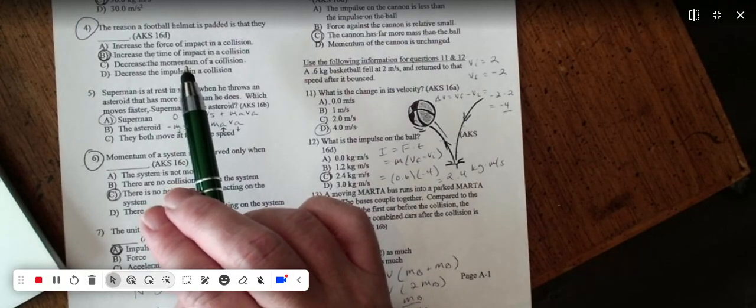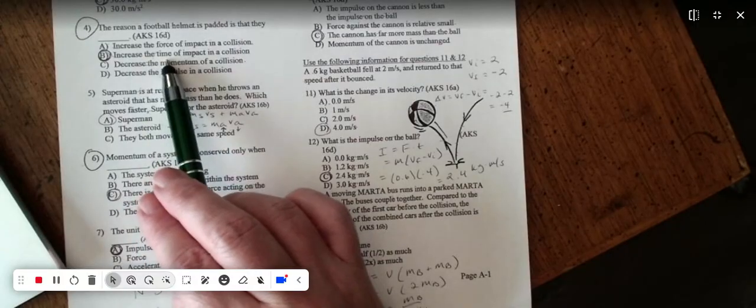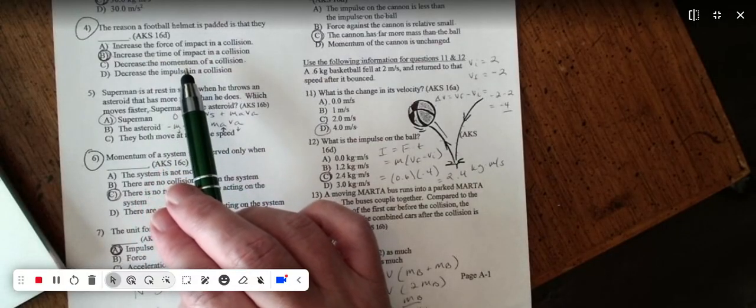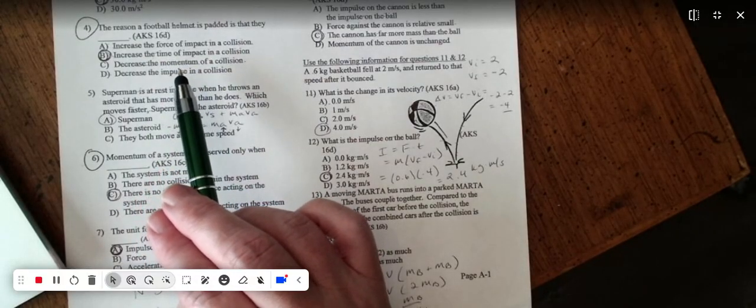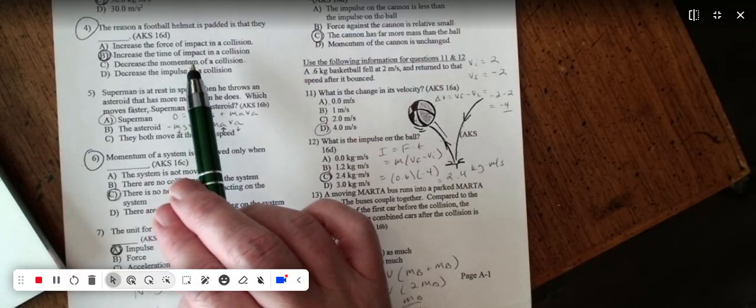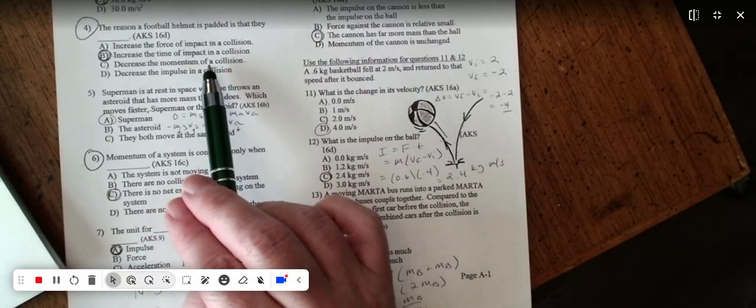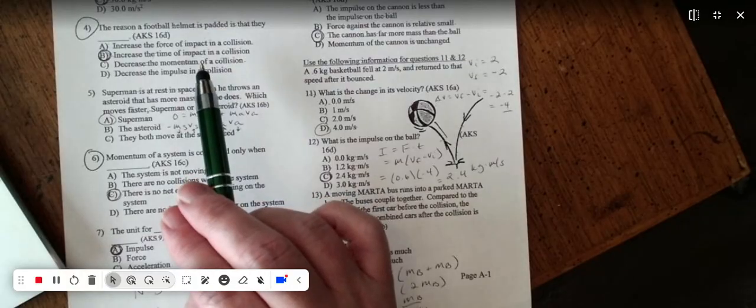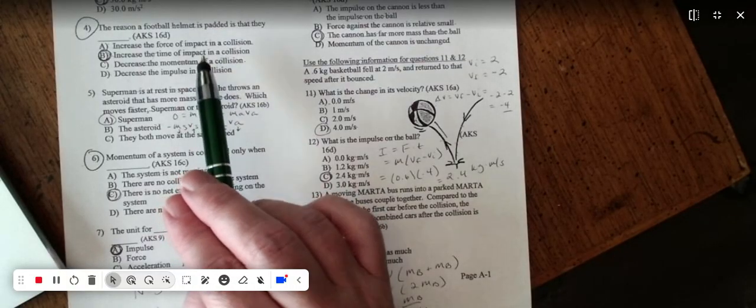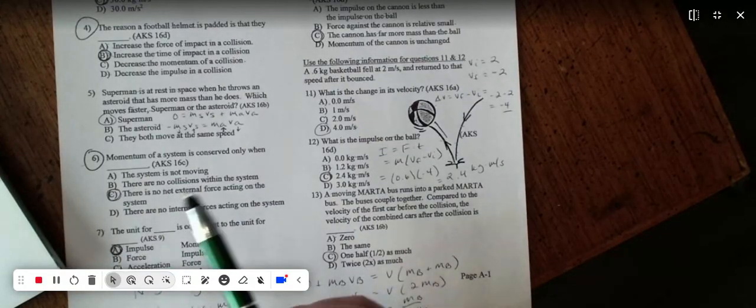What you're doing is decreasing the force of the impact and increasing the time. You're making a lower force over a longer time, and that makes an impact easier to withstand than a stronger force over a short time. And that's something that we'll talk about. We'll do some activities with that.